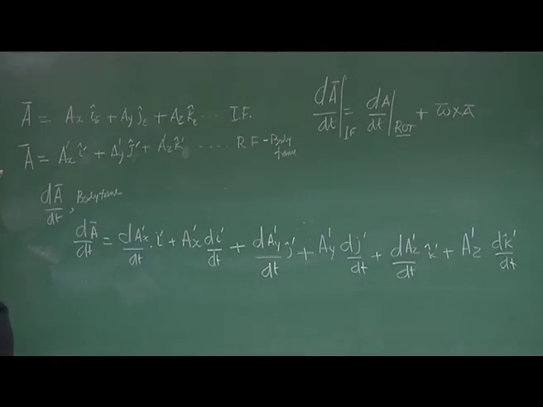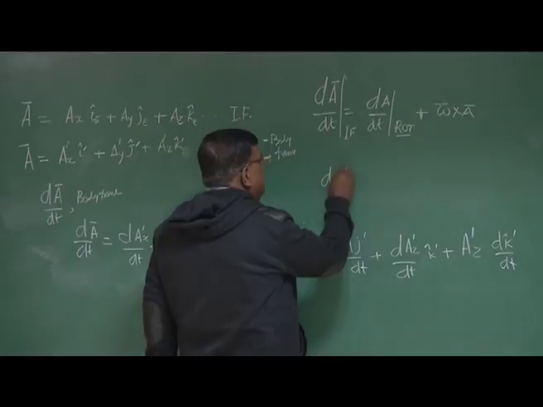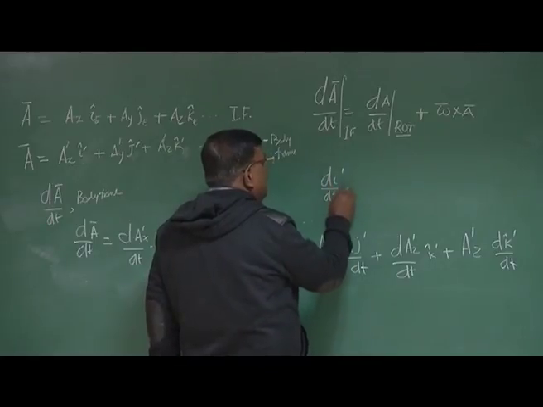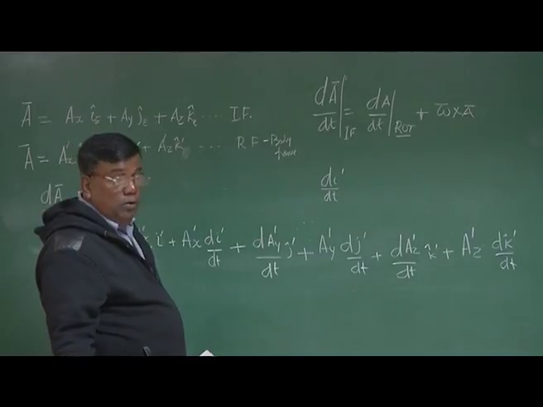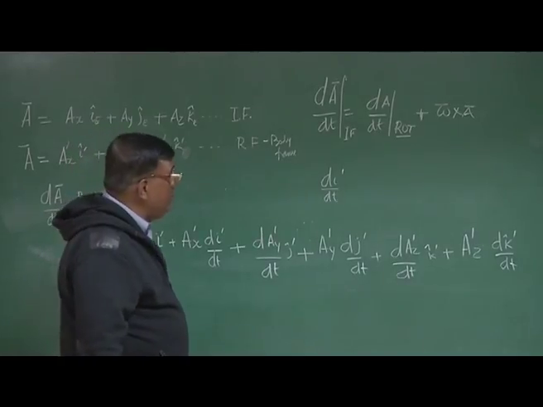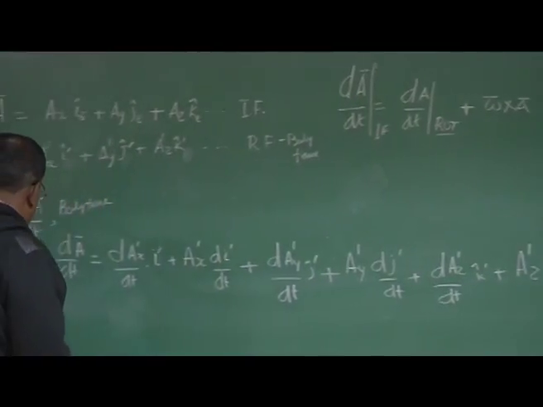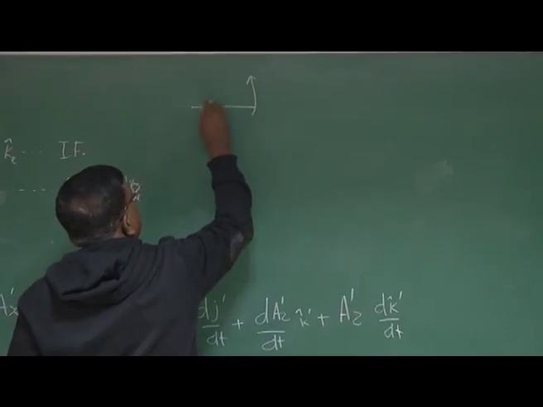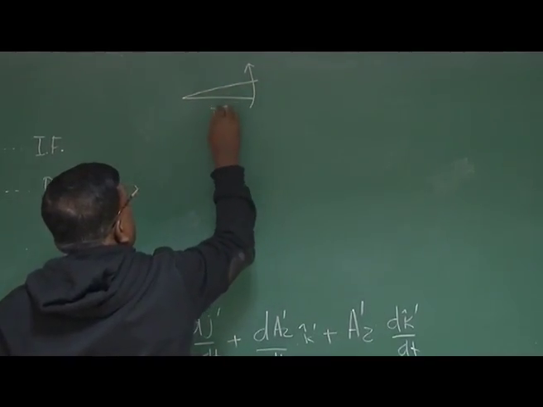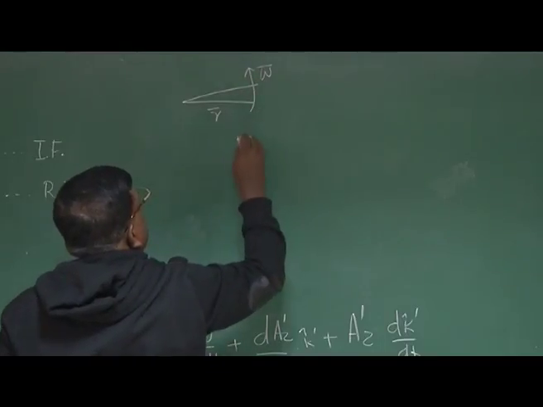Okay, now see, you know that I cannot say dI prime by dt or dJ prime by dt or dK prime by dt is 0, because the vector is changing, the direction is changing. The question is, how do I find this? Okay, very simple. Let's say this is a circular motion, this is an r vector, and this is rotating with omega.